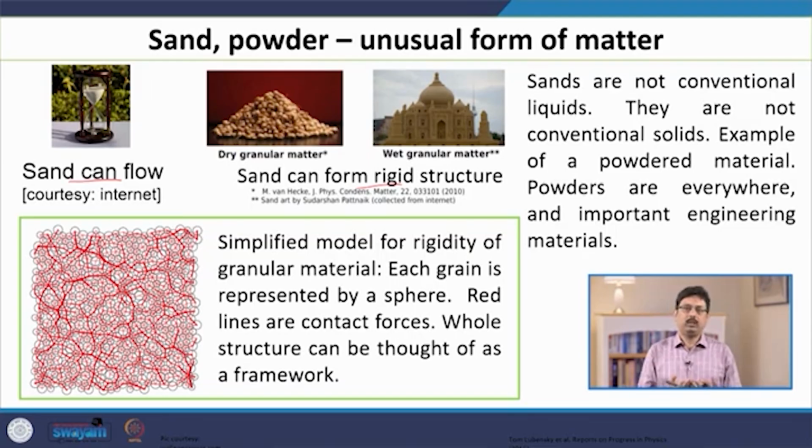So, an important practical question in those kinds of situations is: under what condition will a powder behave like a solid or a rigid body, and under what condition will it behave as a liquid, that is, it can flow.